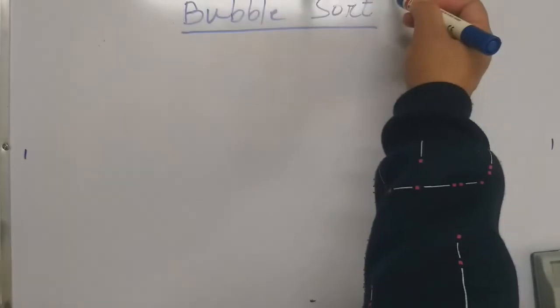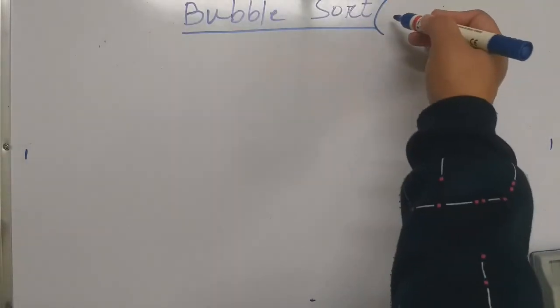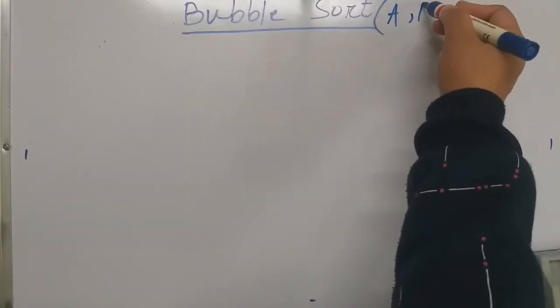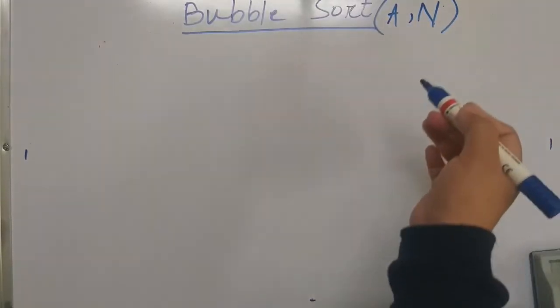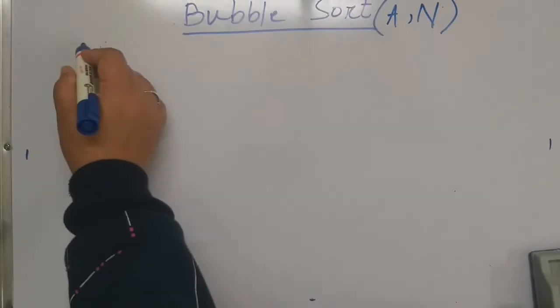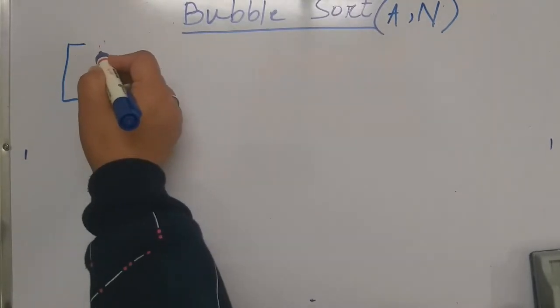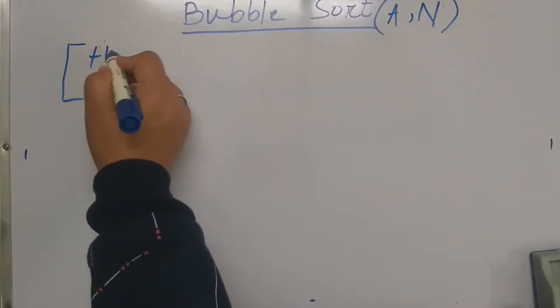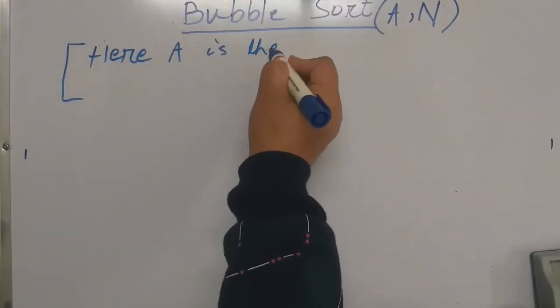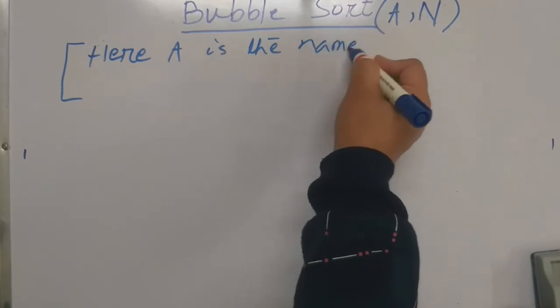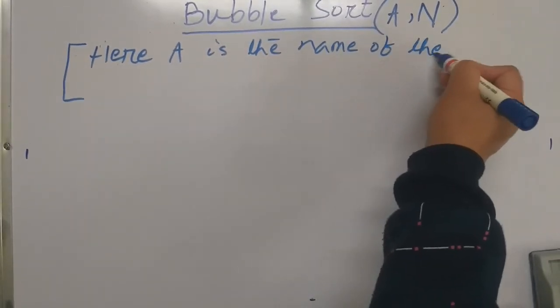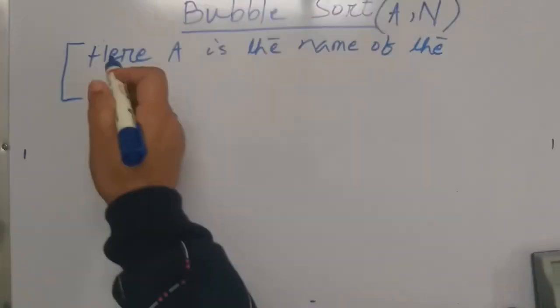Okay, so in the previous video, I wrote like this. The name of the array is A and n is the number of elements. Okay, so here also we explain what do you mean by A and what do you mean by n. So here A is the name of the array. So the algorithm writing style is the same.